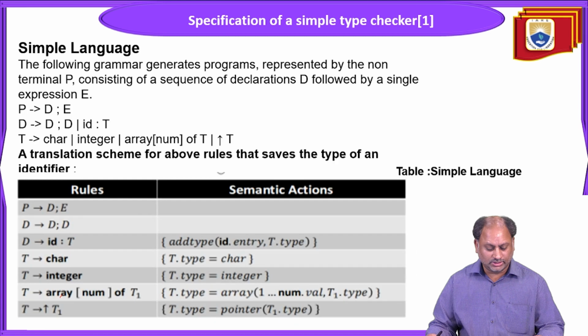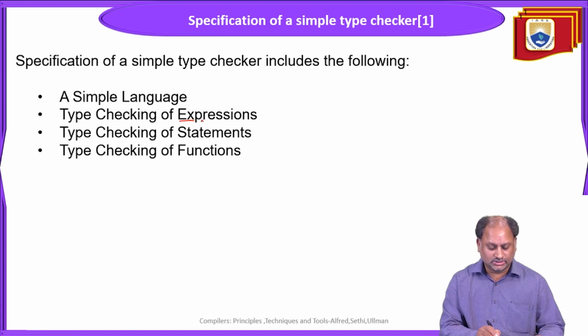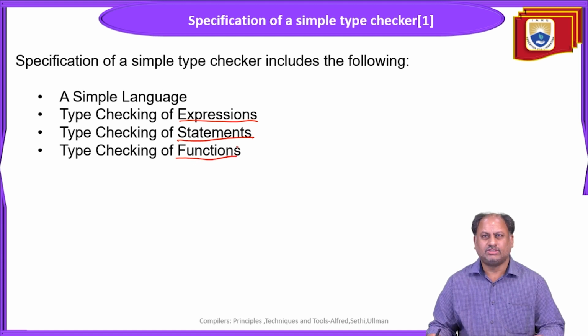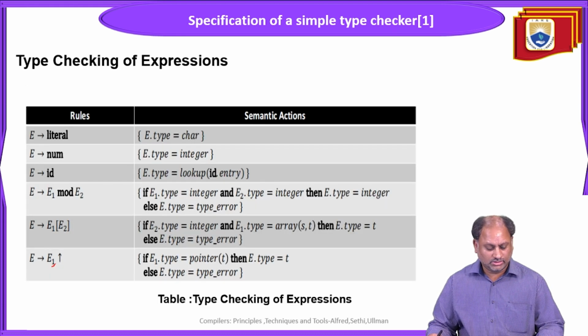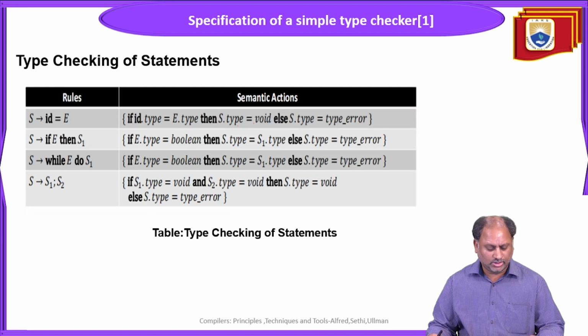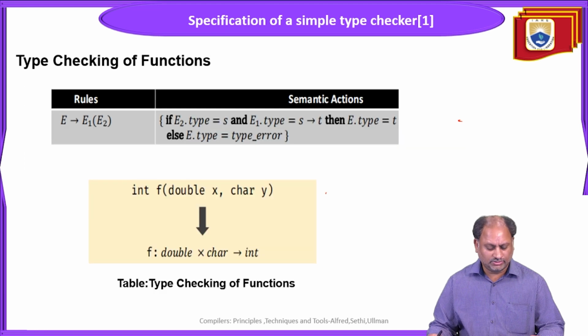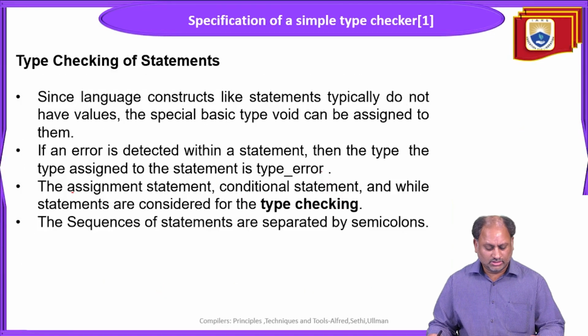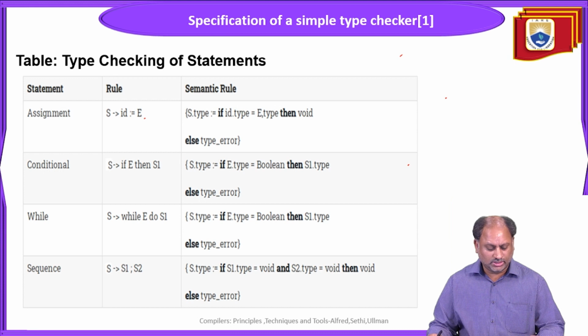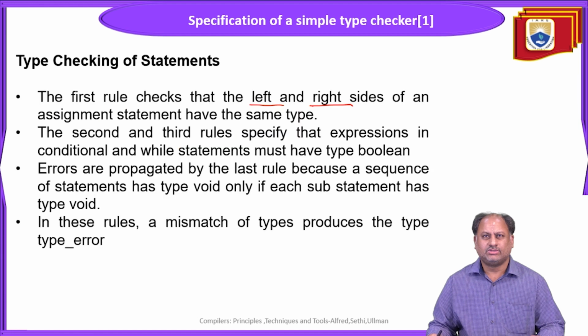There will be type checking of expressions, type checking of statements, and type checking of functions. Expressions means simple expressions, that is E1 mod E2, E1 of it array and pointer. Statements are if condition, while condition, assignment, conditional, while, and sequence of statements.